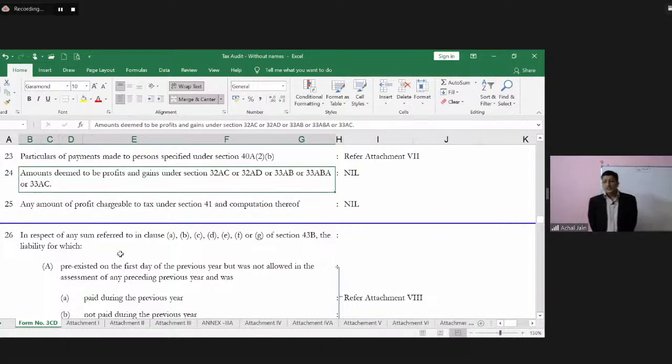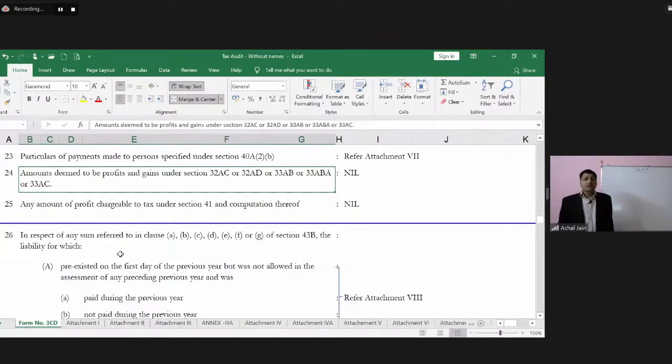And for this, once again, the auditor will have to understand the nature of transactions, which will be done by review of the books of accounts. On the basis of the review of the books of accounts, the auditor will be able to capture all of these points and understand whether any of such amounts exist and where such amounts should be reported.